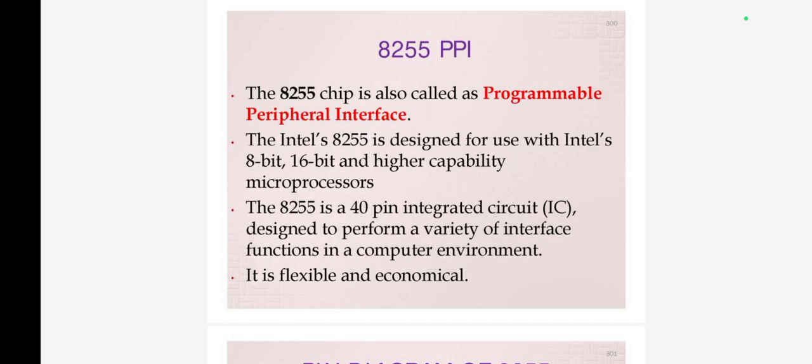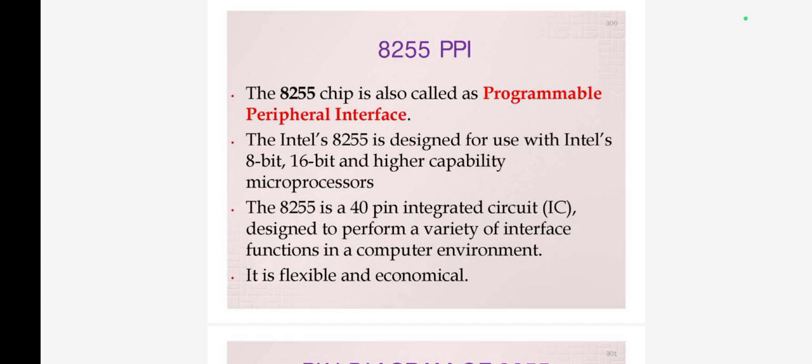It consists of three 8-bit bidirectional IO ports, which is 24 input output lines. The 8 bits of port C can be used as individual bits or grouped in two 4-bit ports, namely port C upper and port C lower.